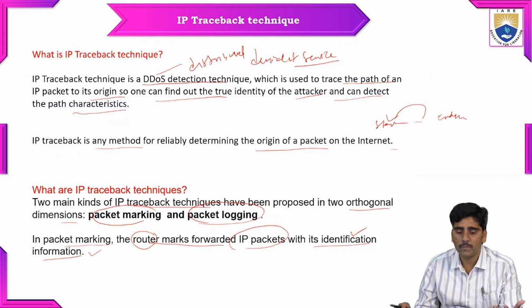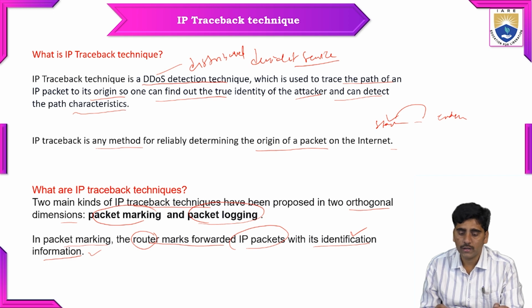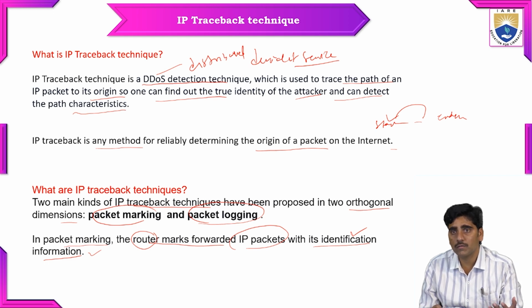It is a DDoS, that is distributed denial of service, detection technique, which is used to trace the path of an IP packet to its origin, to find out the identity of the attacker, and to detect the path characteristics also. And it is a method of reliably determining the origin of a packet on the internet.